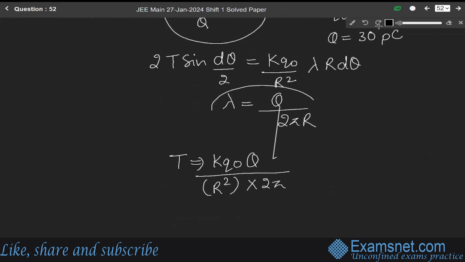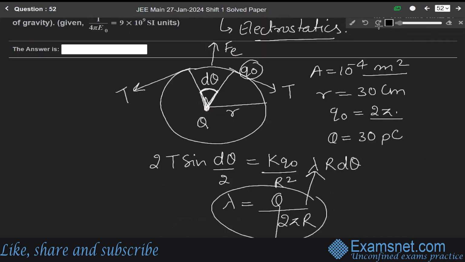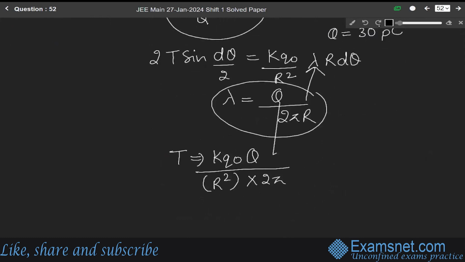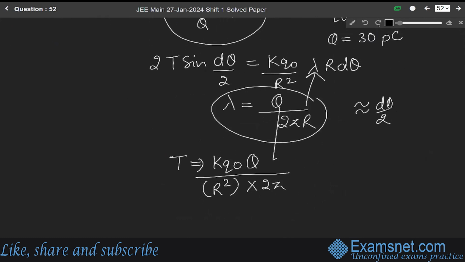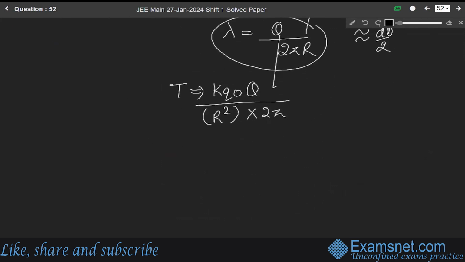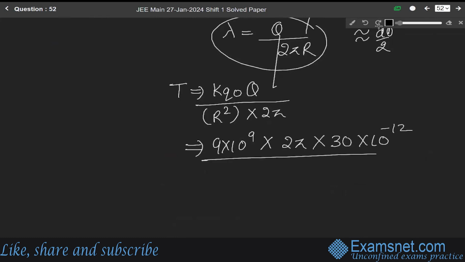Sine d theta by 2 will be approximately equal to d theta by 2. Now putting the value of k, that is 9 into 10 to the power 9, into q, 30 picocoulomb, that is 30 into 10 to the power minus 12, over r square.